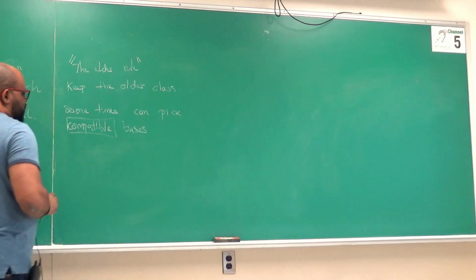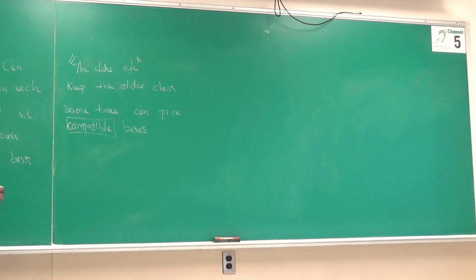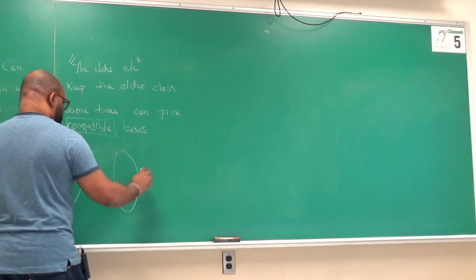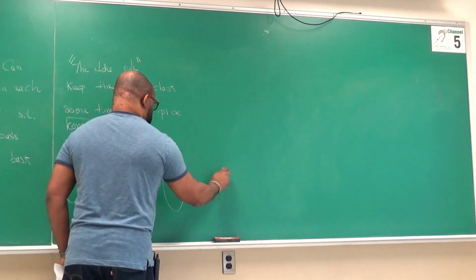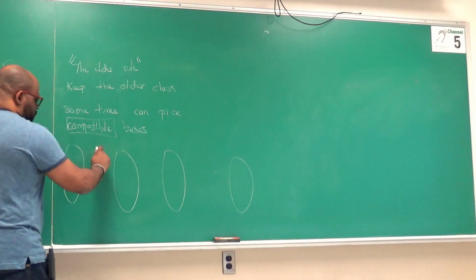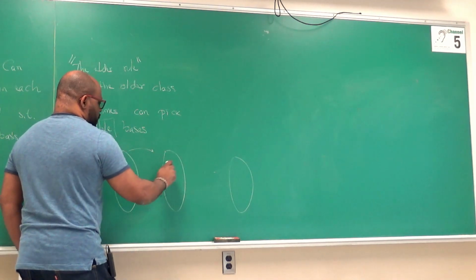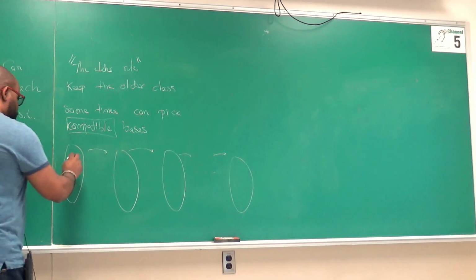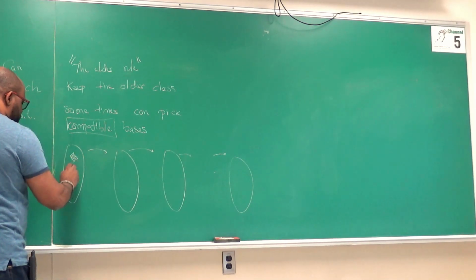And the word here is compatible in the following sense, that, again, if these are the homologies of the different spaces, and these are the star maps, then perhaps it is possible to choose different bases.